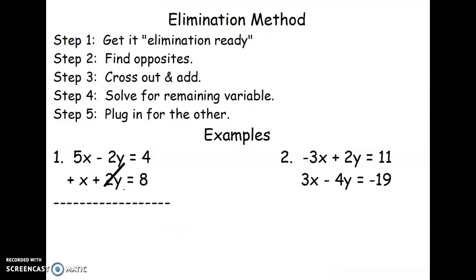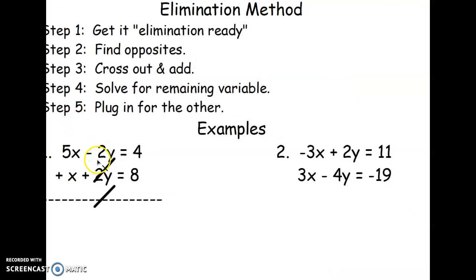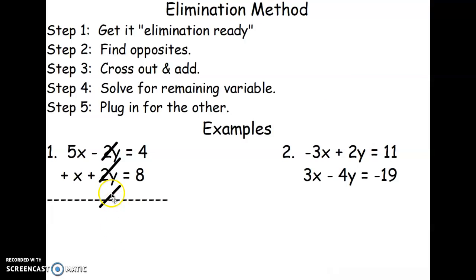Let me put my other opposite. It got a little bit messed up. We're going to fix it. All right, so now I'm ready to add. I'm going to add this side and get an answer, and add the other side of my equal sign and get an answer. So let's do that now.